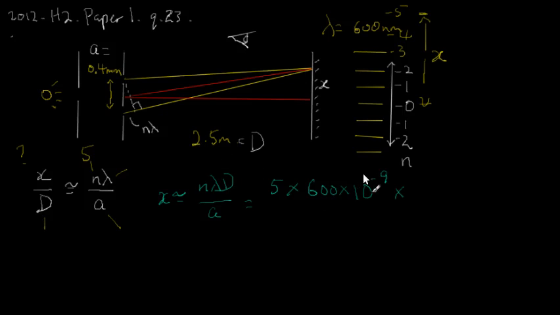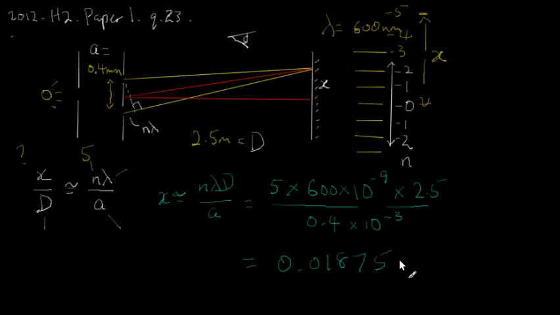D is 2.5 meters. A is 0.4 millimeters, so 0.4 times 10 to the power of minus 3. So with all this, we can plug this into the calculator and get our answer. So the answer would be 0.01875 of a meter.